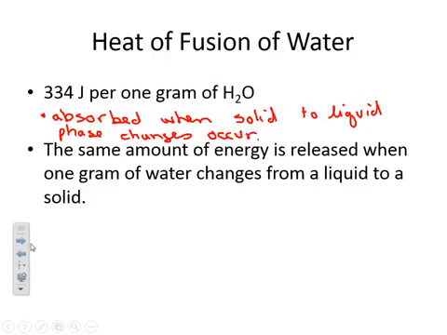And then I say the same amount of energy is released when 1 gram of water changes from a liquid to a solid. So this absorbs the energy, and we use a negative sign to show the energy released.